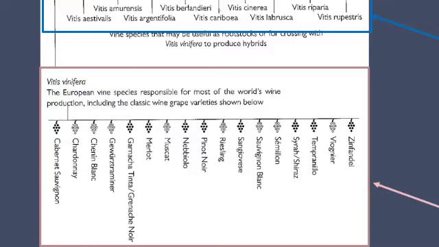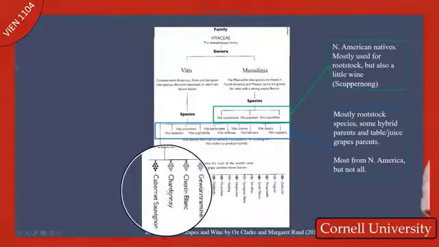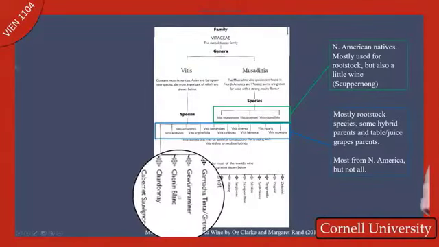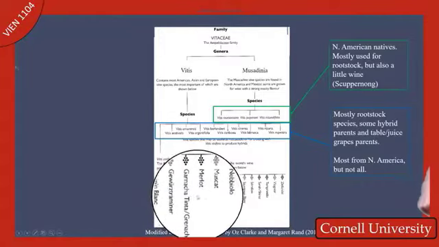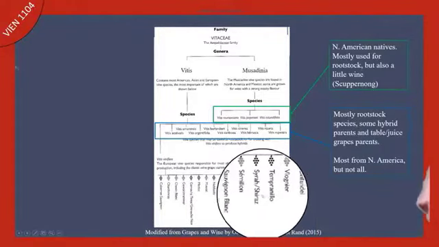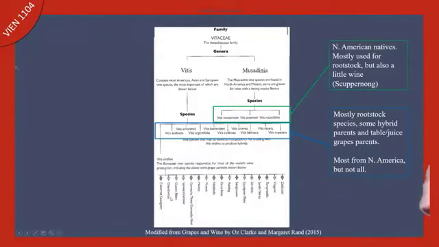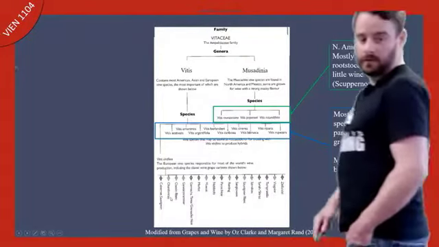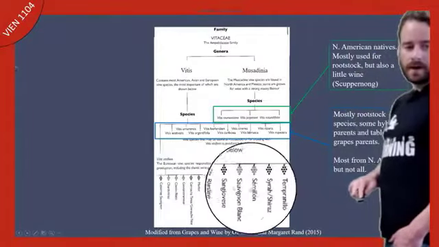You can see Cabernet Sauvignon, Chardonnay, Chenin, Gewurz, Grenache, Merlot, Muscat, all those things. These are all the varieties that you know, and these are all wine grapes, because this is a book about wine.